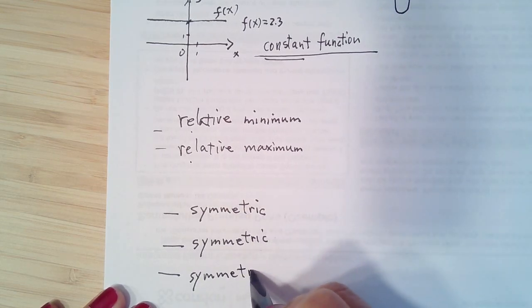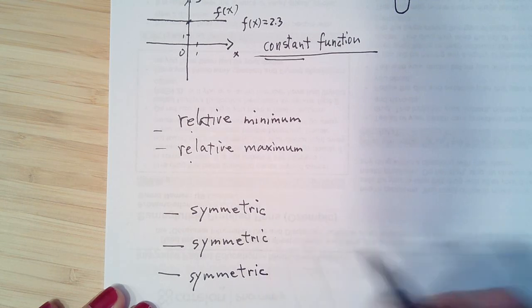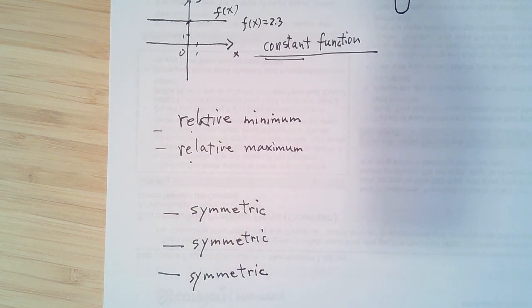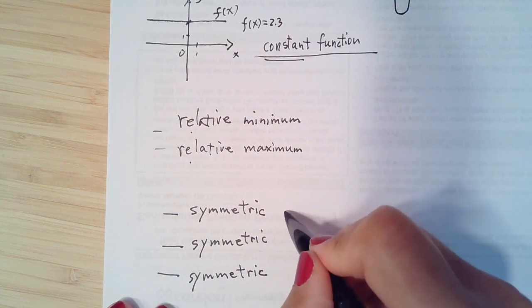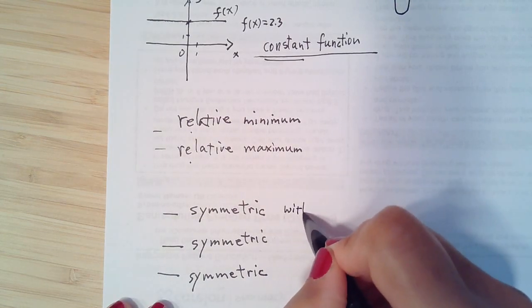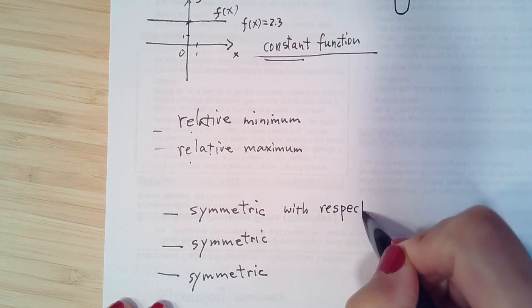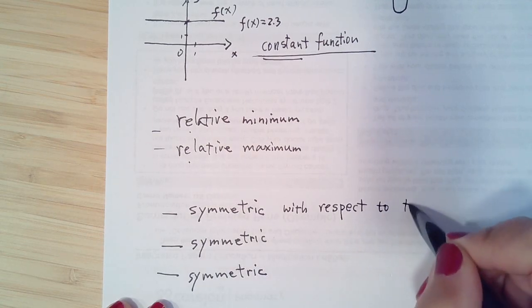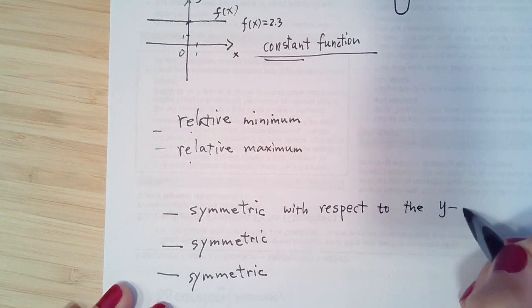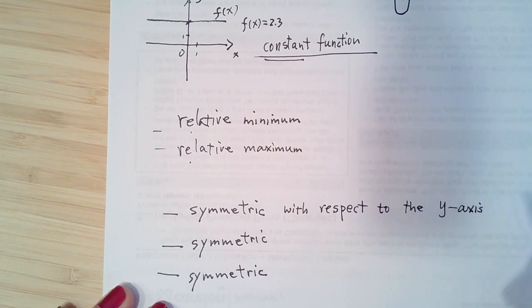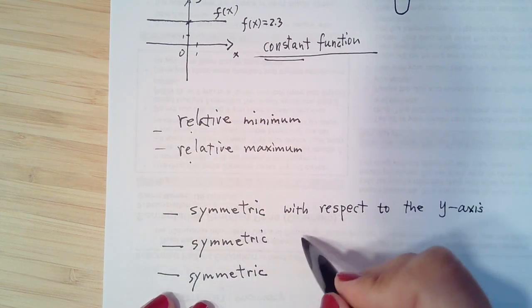Symmetric sounds like a mirror image, right? So there are several ways. One is symmetric with respect to the y-axis. That means the y-axis is like the mirror.